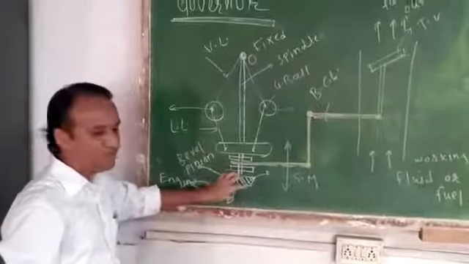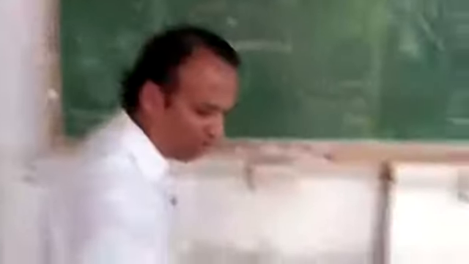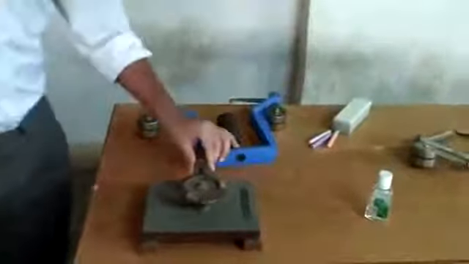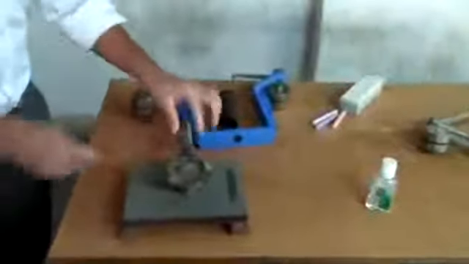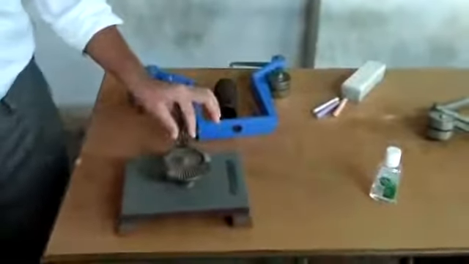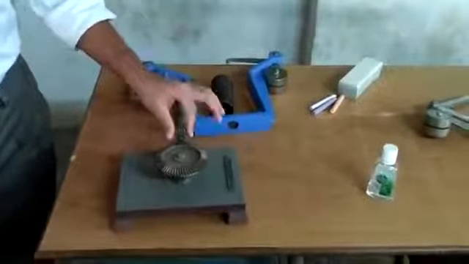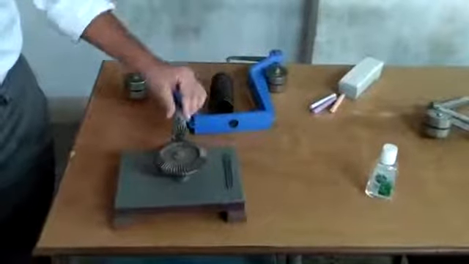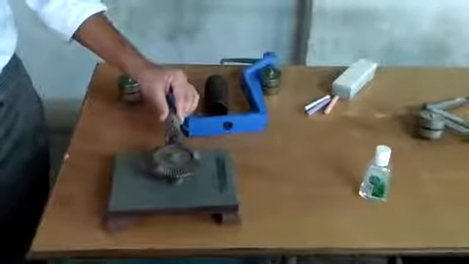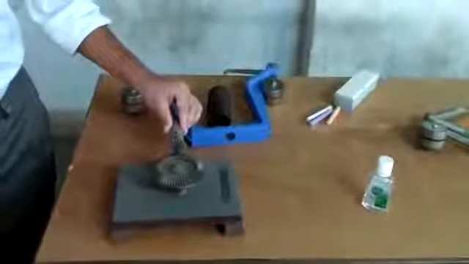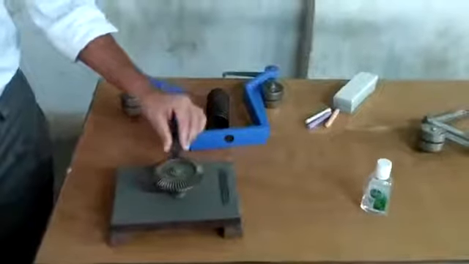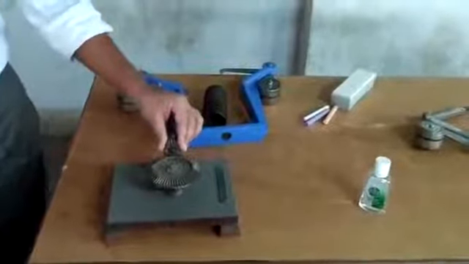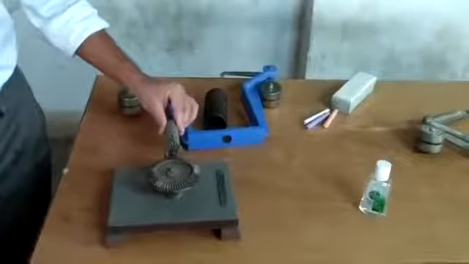This final drive is nothing but a meshing of two bevel gears. For example, the small gear is called the bevel pinion. This bevel pinion is connected to the prime mover shaft or engine shaft. If our prime mover is an internal combustion engine, then the crankshaft is connected to this bevel pinion, because the crankshaft is the output shaft of the engine.